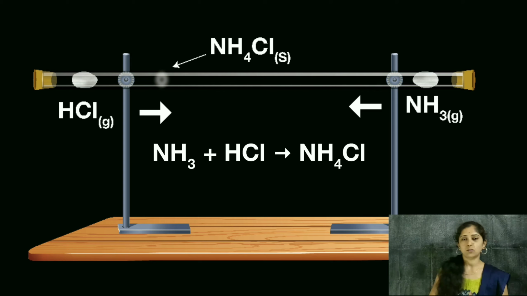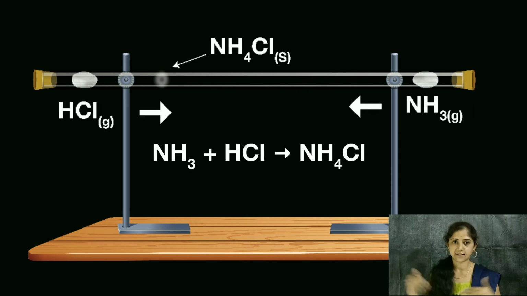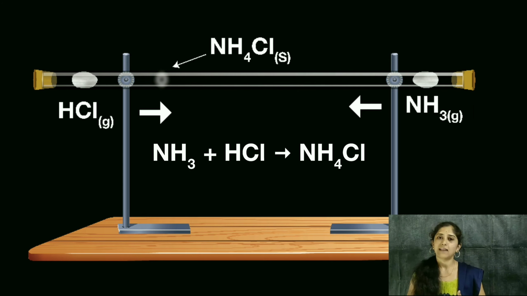So by this lab activity, what do we conclude? Ammonia gas and hydrogen chloride gas travel through the glass tube. Which gas traveled faster than the other?